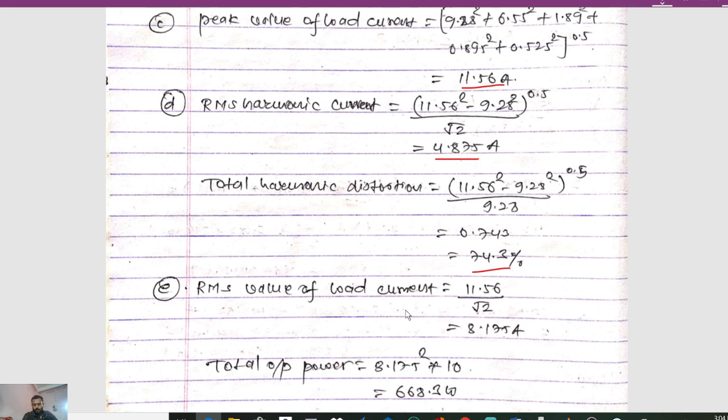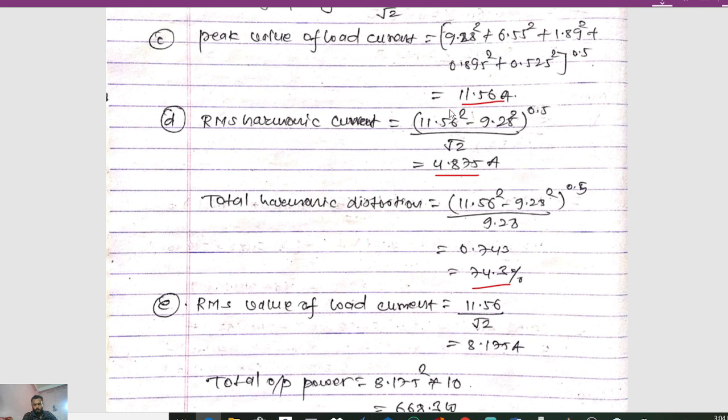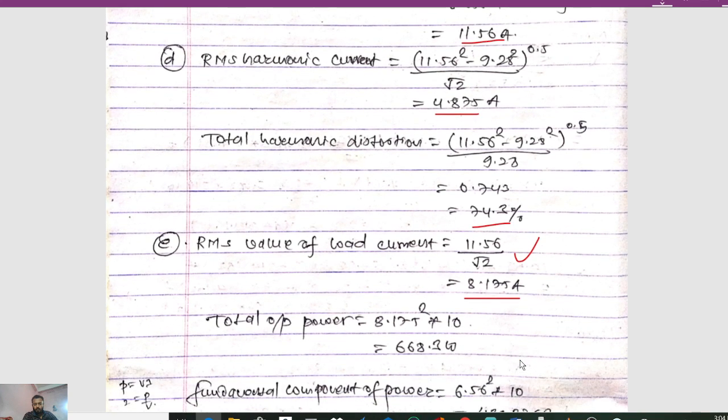Similarly here the RMS value of load current. To calculate the RMS value of load current, we have calculated the peak value of load current. So 11.56 upon root 2 will give the RMS value of load current. So we will get here 8.175 ampere, and here we have the total output power.